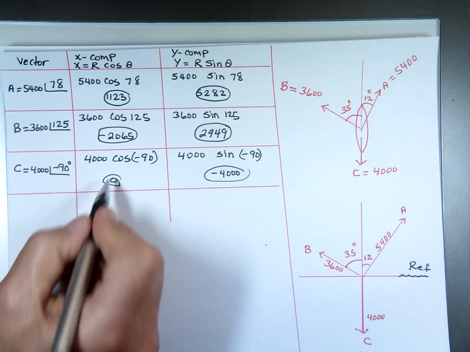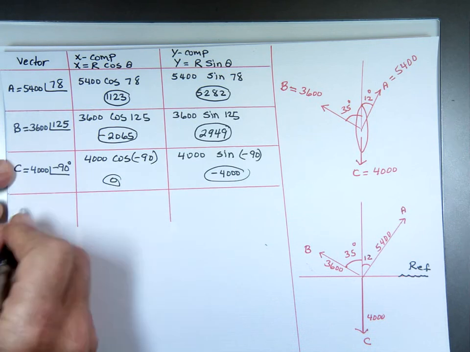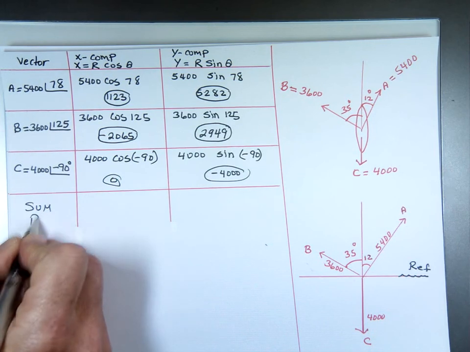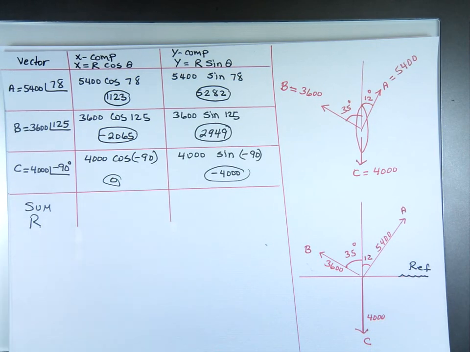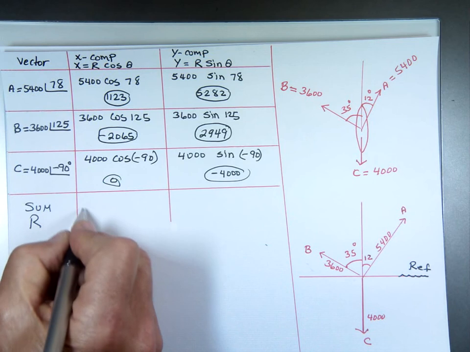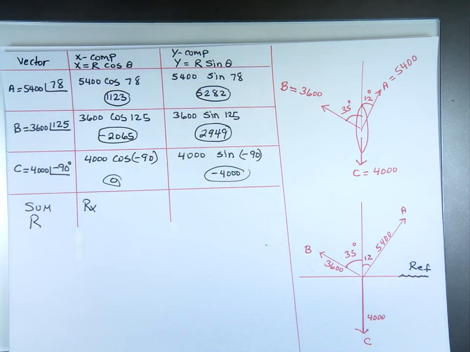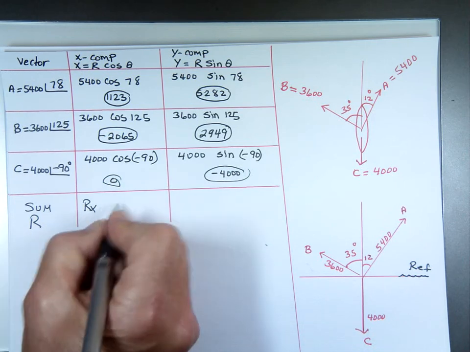And now you're going to add them, the sum. That's your R, the result. This is the x component of it. This is the one in the x direction. You add the three numbers. So let's add them. 1123 minus 2065 plus 0, negative 942.